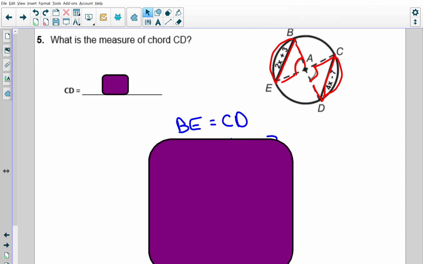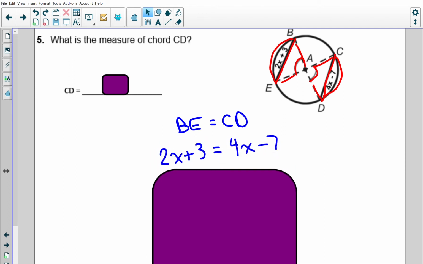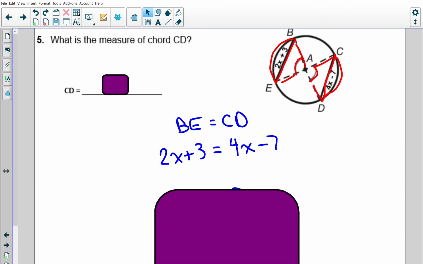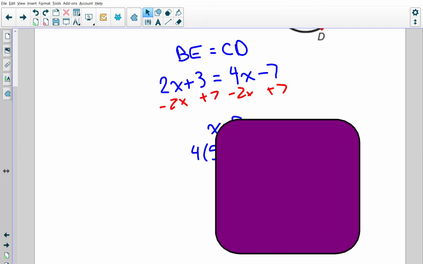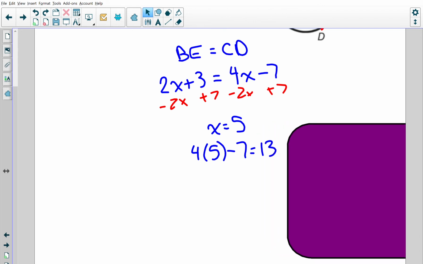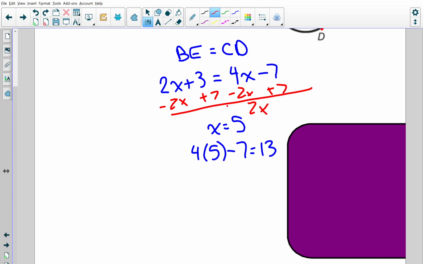so if the chords are equal, we set the algebraic expressions equal. Solve, subtract 2x from both sides, add 7 to both sides. And you get what? 2x equals 10, which tells you x has to be 5.